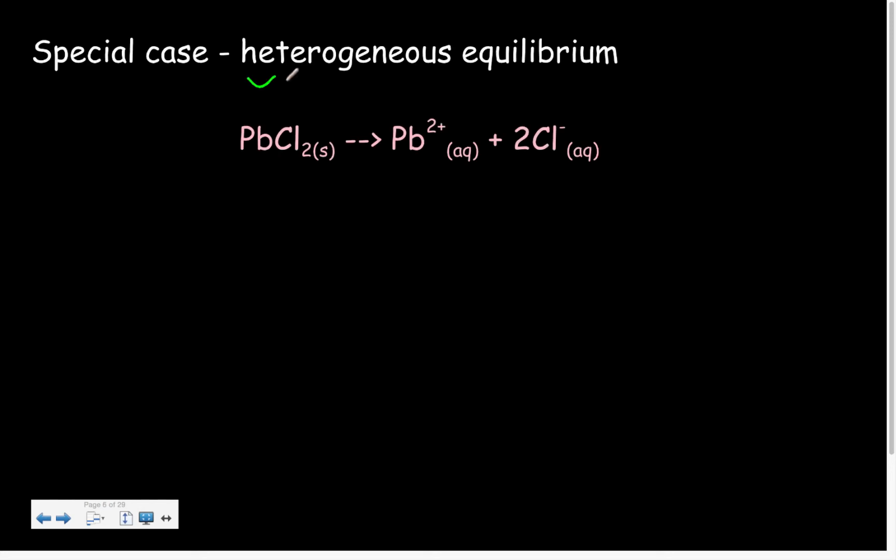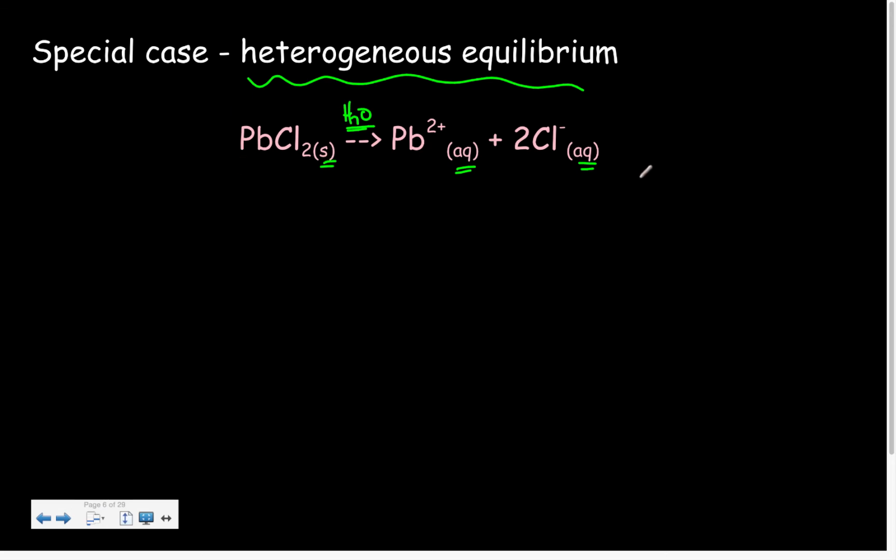Now, special case of heterogeneous equilibrium, wherein not everybody is in the same state. Here we see that this is a solid that forms two aqueous products, and not mentioned is that this is the dissolving. This goes back to that section where we talked about activities of pure substances. Aqueous means a solution, solid is a pure substance.